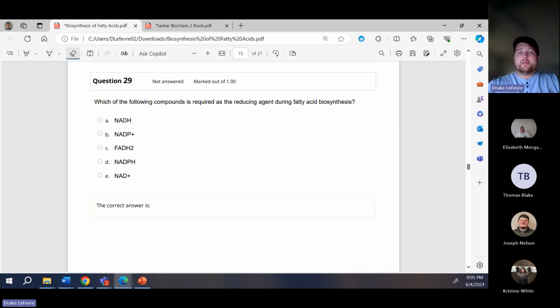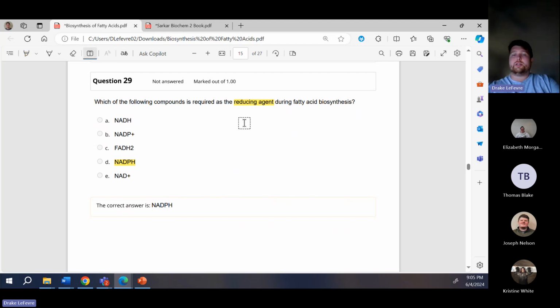Which of the following compounds is required as the reducing agent during fatty acid biosynthesis? This is going to be our NADPH, because it's a reducing agent. Do you remember the difference between a reducing agent and an oxidizing agent?